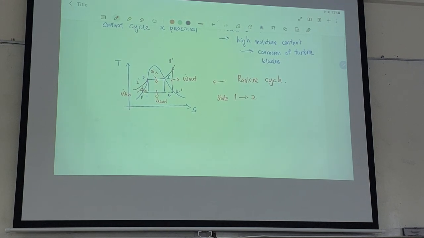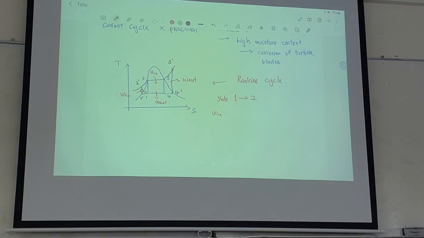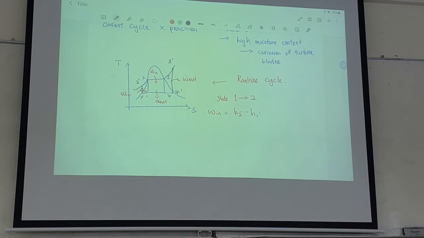So at state 1 to 2, we say that work in, or maybe I write the small letter w like this here, is equal to H2 minus H1, or to be more accurate, we use prime here.